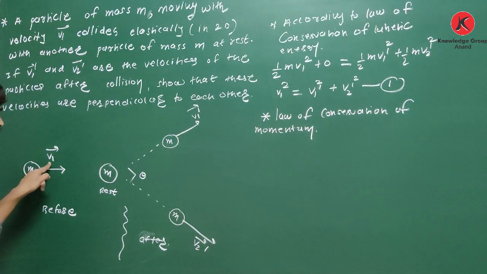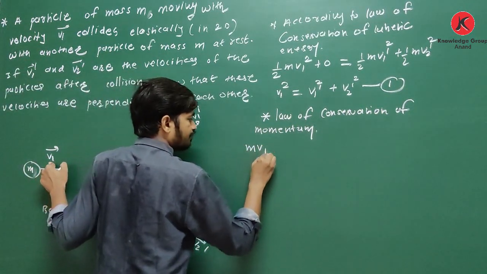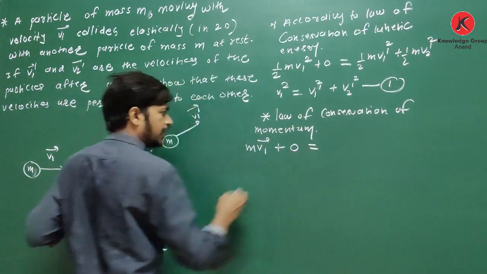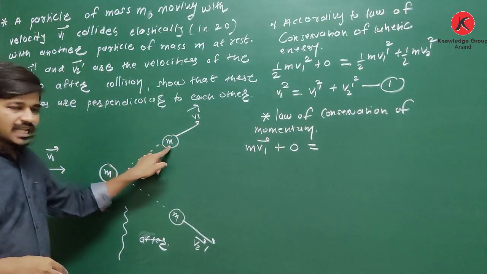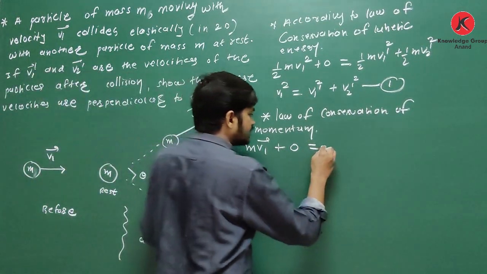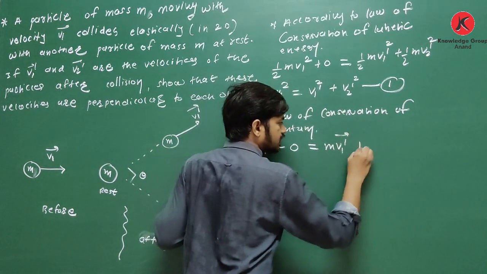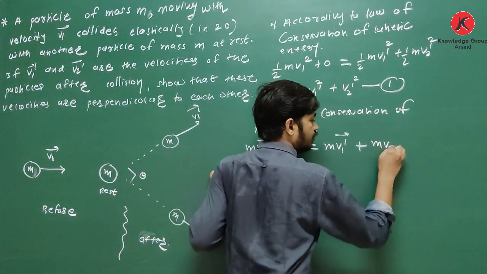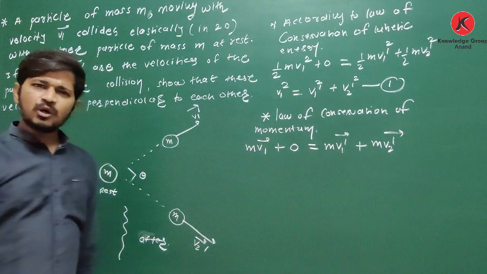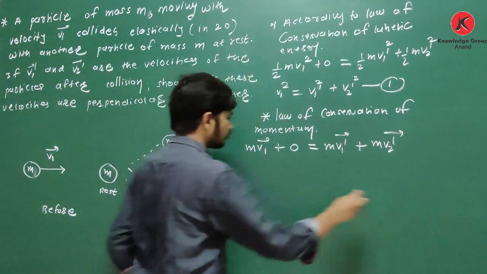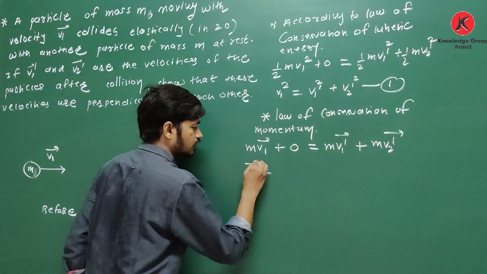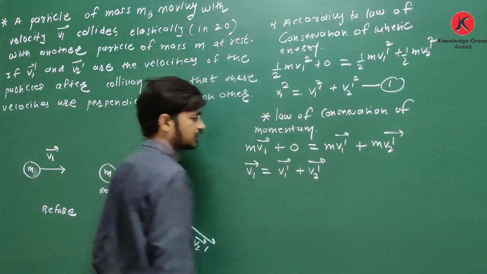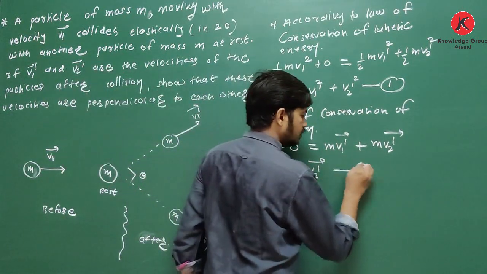This object having mass m is moving with velocity v1, so it is m v1 plus this object is at rest, so it is 0. This is equal to, after collision, this object having mass m moving with velocity v1 dash, so it is m v1 dash, plus this object having mass m and velocity v2 dash, so it is m v2 dash. Simple. Clear about this? Again, this m cancels. So we will have v1 is equal to v1 dash plus v2 dash. Clear about this? It is equation number 2.